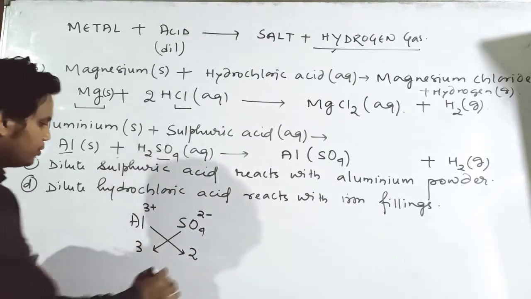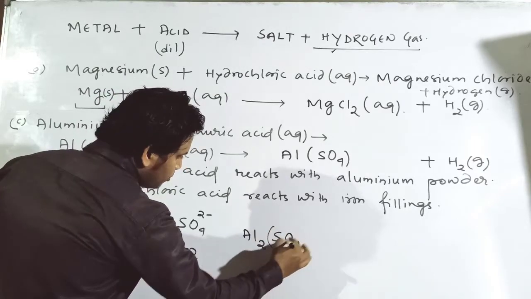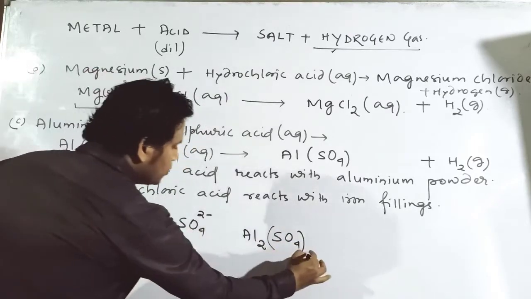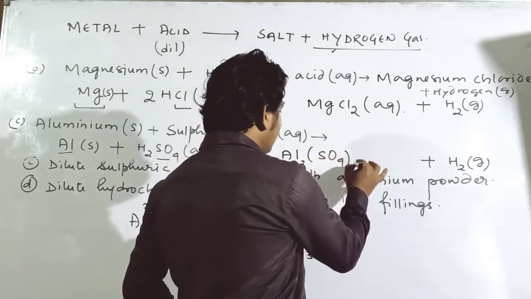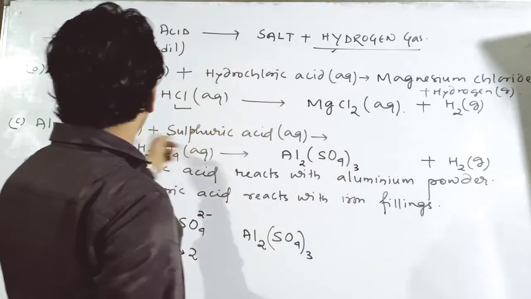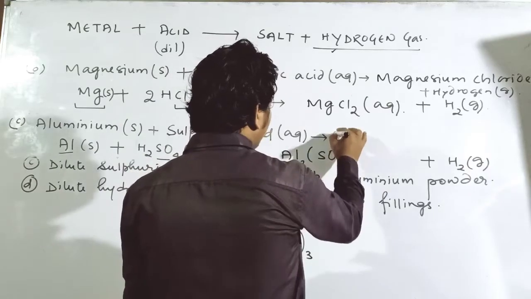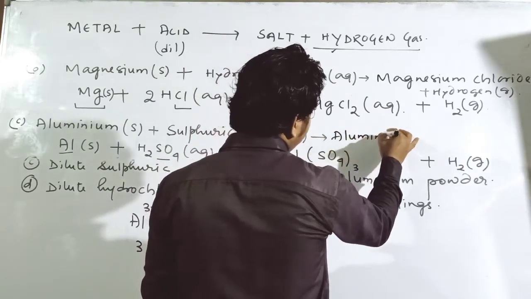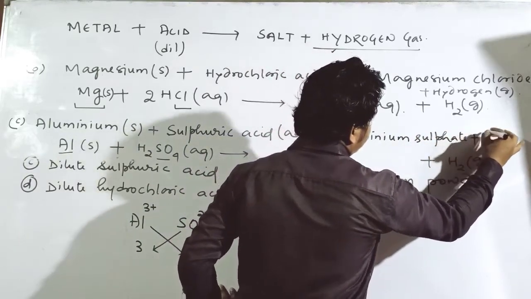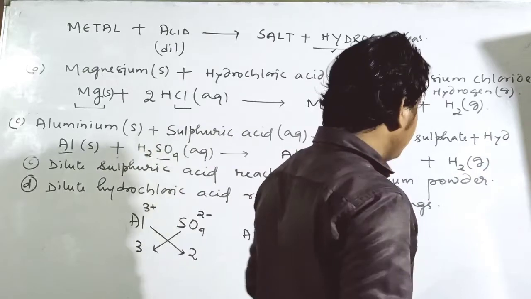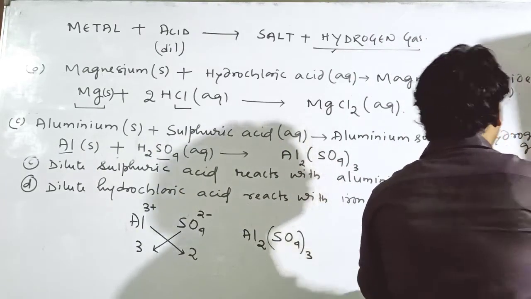So the formula of aluminium sulfate is Al2(SO4)3. So aluminium reacts with sulfuric acid to form aluminium sulfate along with hydrogen gas.